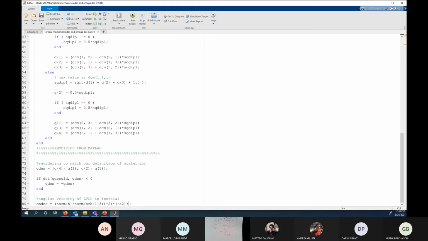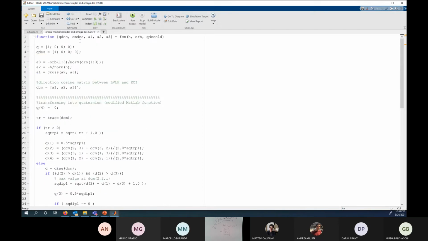The LVLH that I've defined goes with the orbit, and so it's rotating at the same rate as the satellite is rotating about the orbit, and so it's defined as the norm of h over the norm of the position in the direction. So it's h over r in the direction of minus a2. Remember, a2 is the direction of minus h.